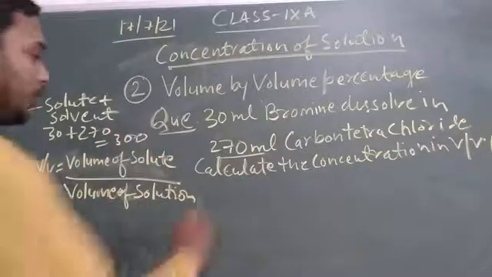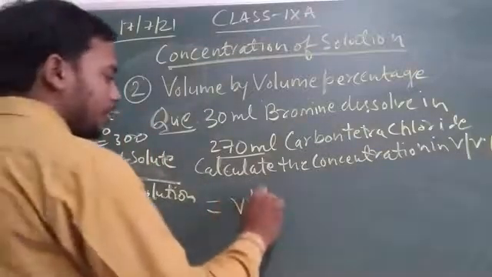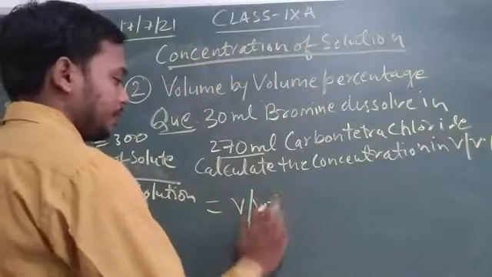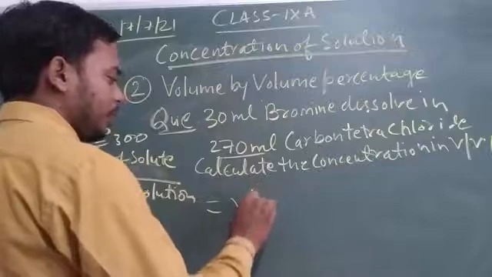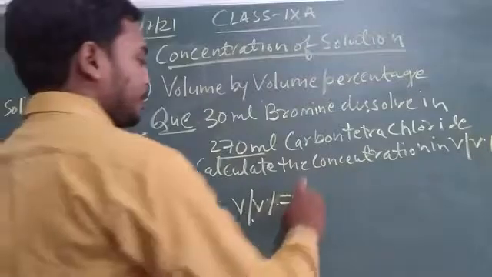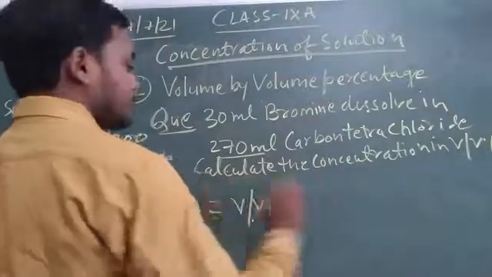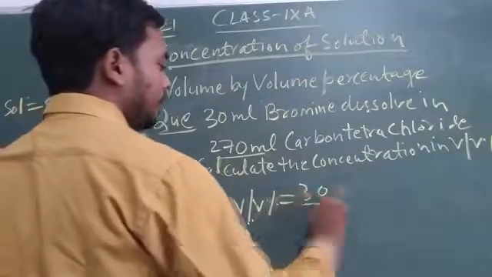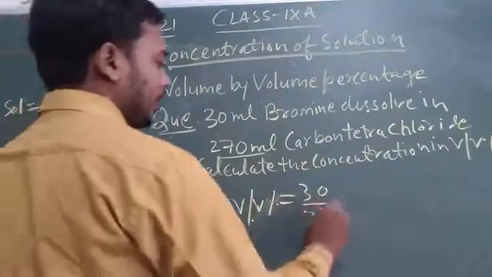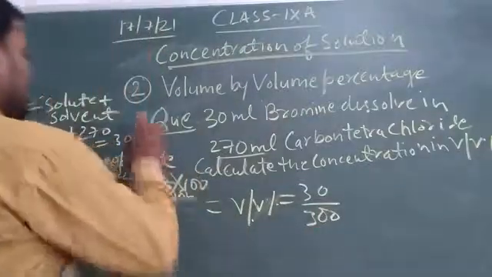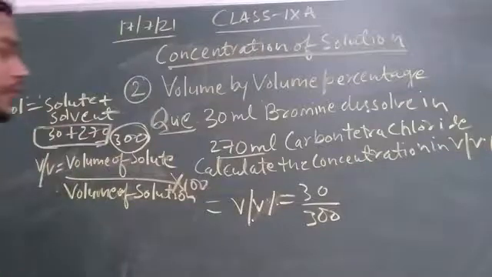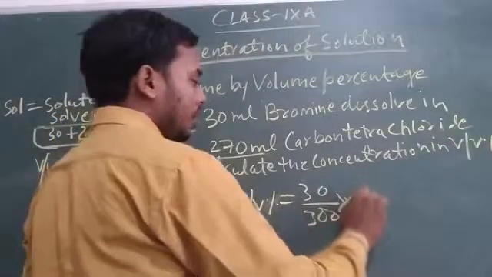Now put the value: volume by volume percentage is equal to 30 upon 300, that is 300 because of addition of solute plus solvent, into 100.